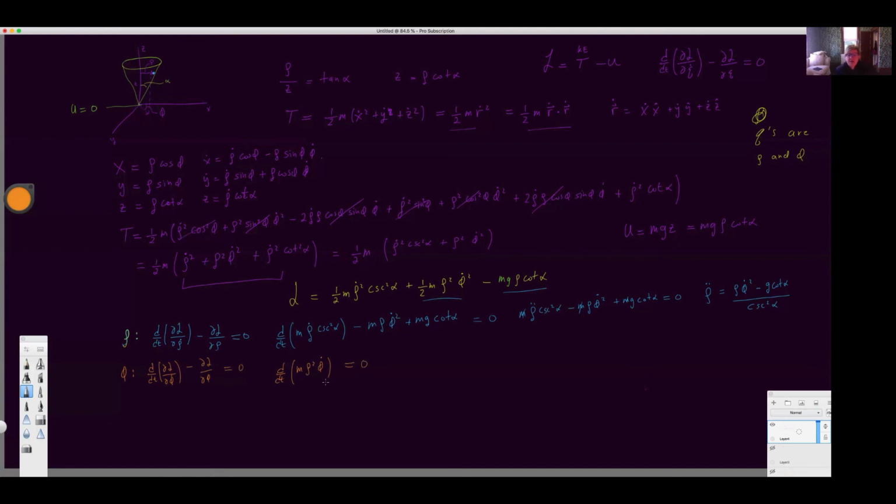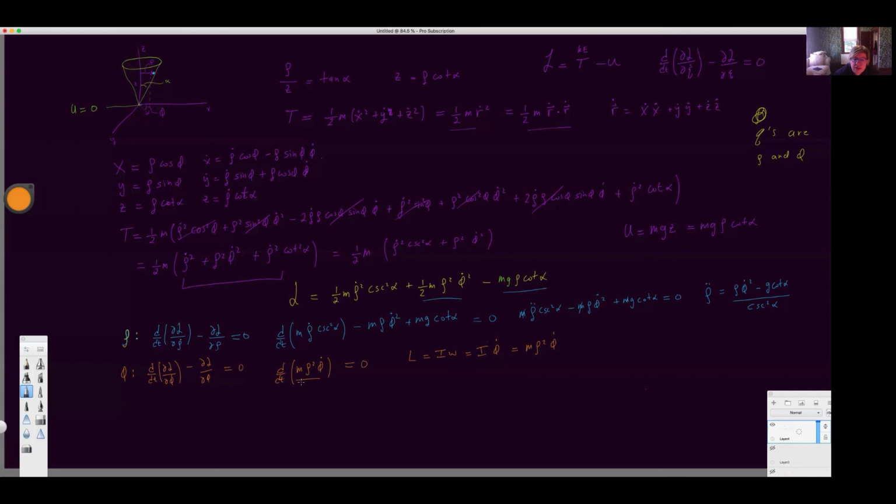Now this is kind of special because this tells us something is conserved. It says whatever's in here is conserved. Let me remind you that the angular momentum is I omega, where omega is the angular velocity, which we could write as phi dot, because phi dot is the velocity in phi. And I for just a particle going around a circle is m times the radius squared, so we get m rho squared phi dot.